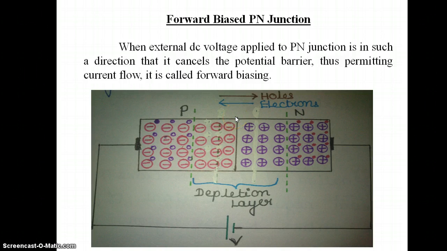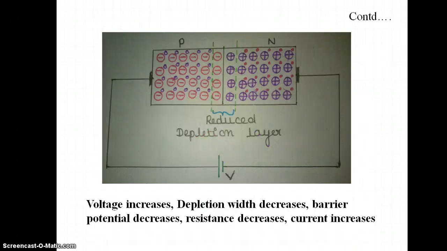Because of this acquired energy from the voltage source, some of the holes and electrons enter the depletion region and recombine. This reduces the depletion region width, so the barrier potential reduces in the forward bias case. More majority carriers diffuse across the junction, so a large current flows through the PN junction.